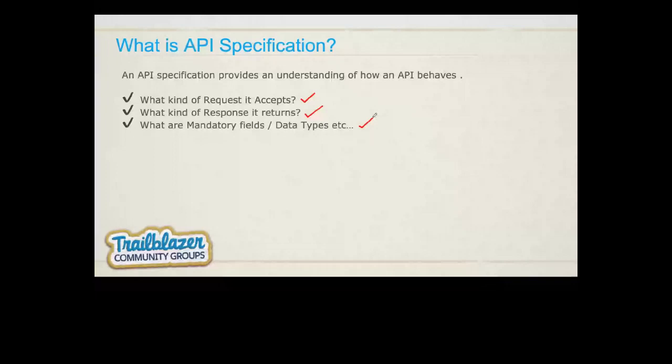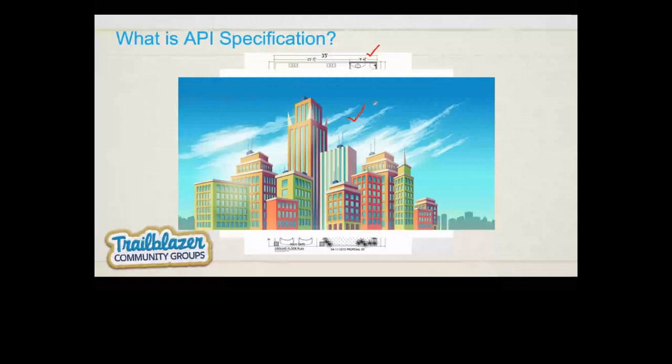There is an architect behind the scenes who says these are the specifications. Once you've got the specification, the civil engineers build the building, just as a developer builds the API. Once the API is ready, you can deploy it, and the building is ready. So this is all about our API specification.